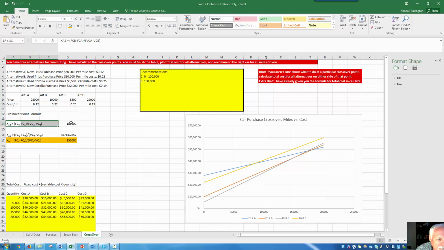A comes in here. And so that means we're going to recommend B from 150,000 to 180,000 inclusive.